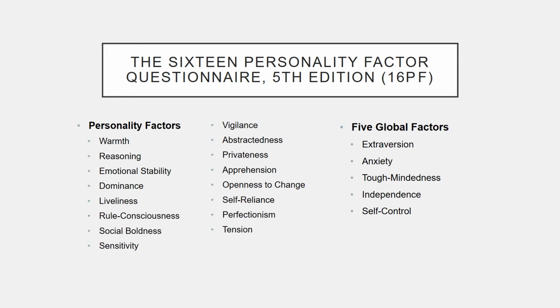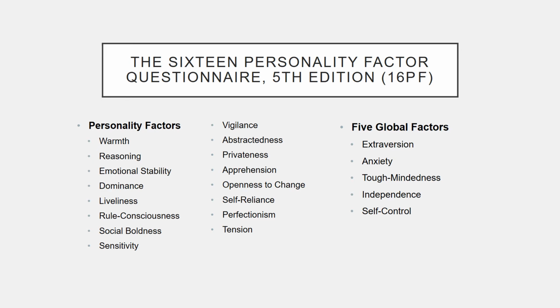And so it looks at 16 different personality factors and gives you what's called a STEN score to show you how much of each of these factors you have in your unique combination of who you are. So there are personality factors that are unique to each person, and then it also rates you on 5 global factors that connect with the same idea as the 5-factor model of personality. It just doesn't as closely tie to that model as the NEO-PI-R does.